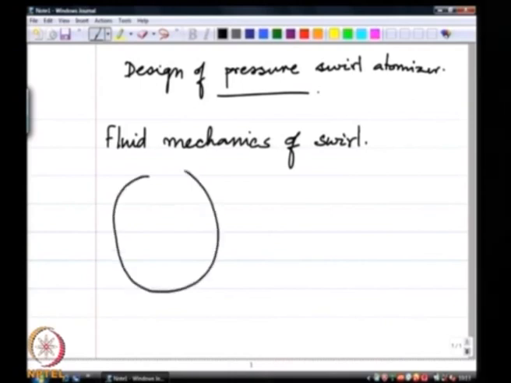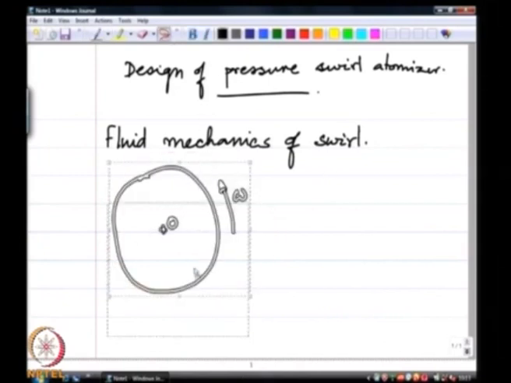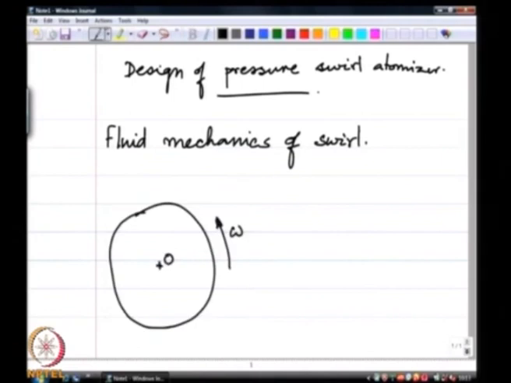So, if I take a container of liquid and spin it at some angular velocity omega about a point O. We are only going to look at two dimensional examples to start with, that is sufficient to understand how things work.